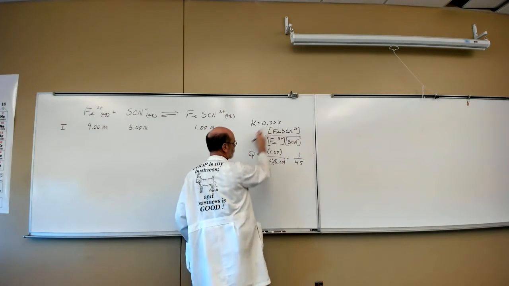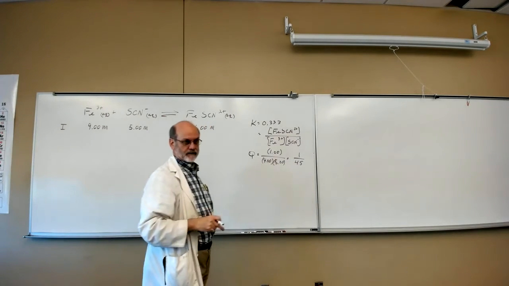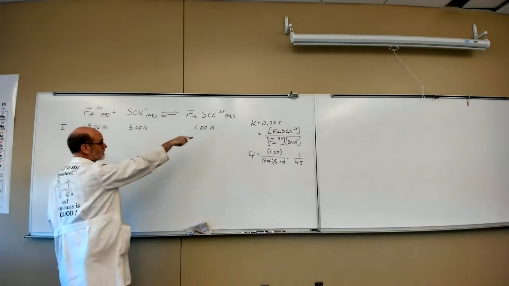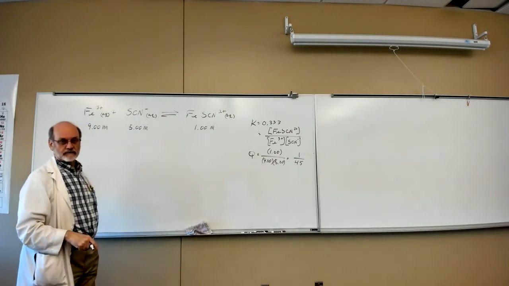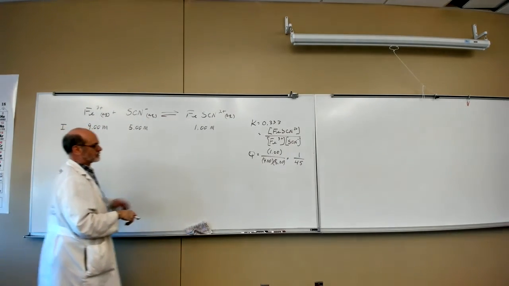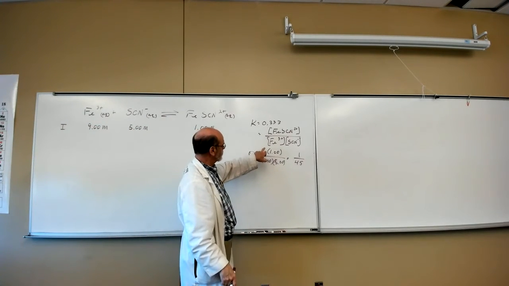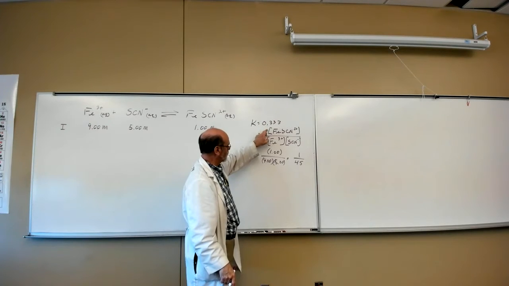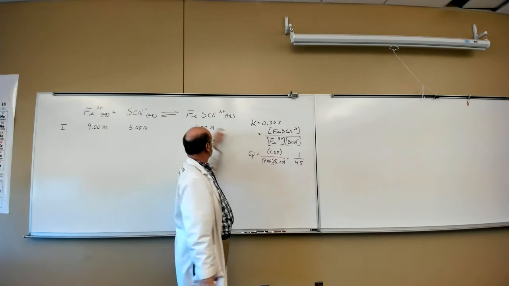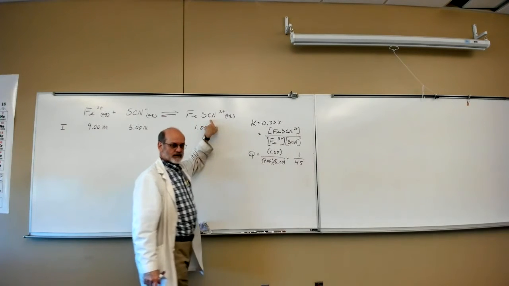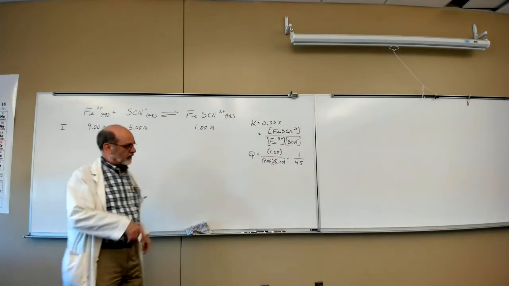That's definitely smaller than 0.33. So if Q is smaller than 0.33, it's going that direction, right? Because this is too small, that's too large. If this is too small, it wants to go to that. It wants to go here. Q is less than K, goes to products.